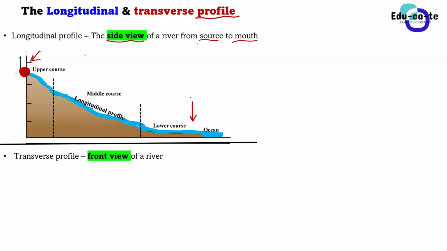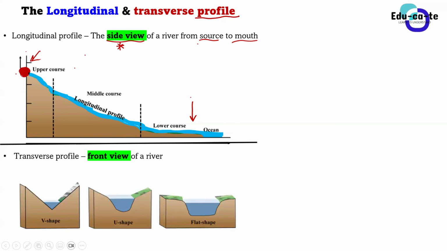So if you are able to see the view of a river from where it begins to where it ends, we say that you are seeing the longitudinal profile of that river. Because the longitudinal profile is the side view, guys. You are viewing the river from the side, such that you see where it begins and where it ends.